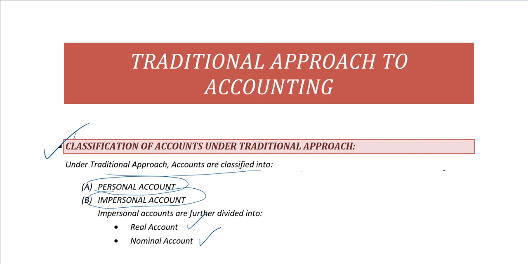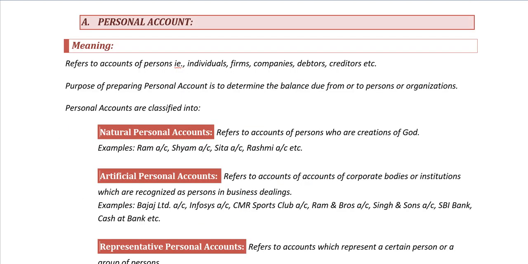So basically, there are three types of accounts in the traditional approach to accounting: personal account, real account and nominal account. Let's check out each of these. We'll start with personal account.